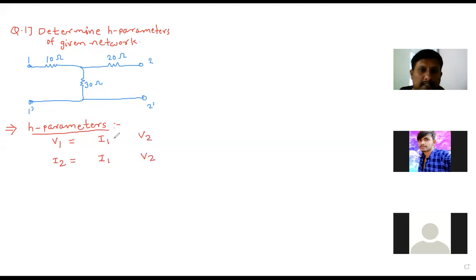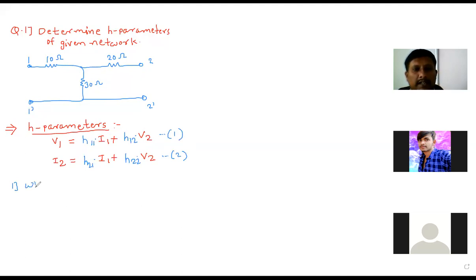V1 equals H11 into I1 plus H12 into V2, and I2 equals H21 into I1 plus H22 into V2. This is equation number 1 and this is equation number 2. Next, the first condition is V2 equal to 0, and then I1 equal to 0.